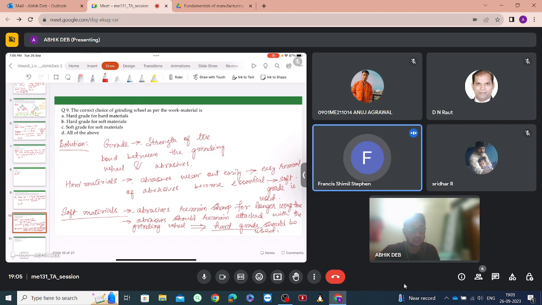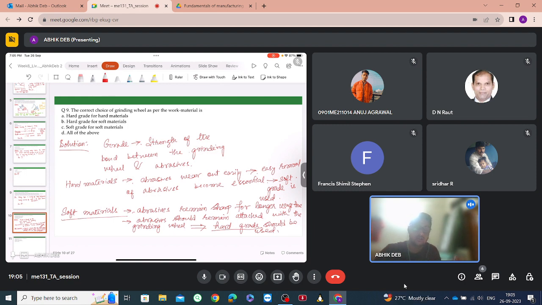Not for using the grinding wheel for a longer time, but for using the same layer of abrasives for a longer time, because the abrasives will retain the sharpness of their cutting edges if the material is soft.